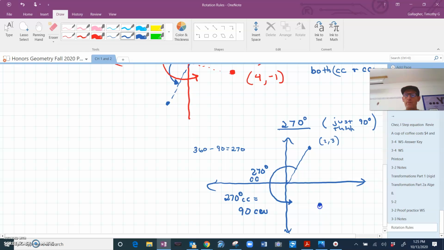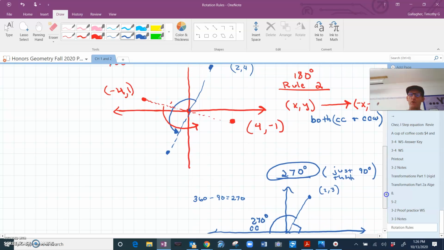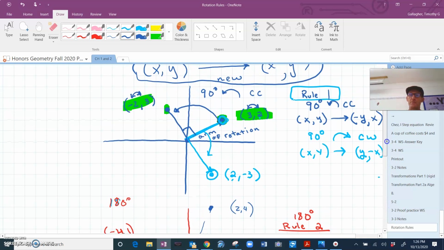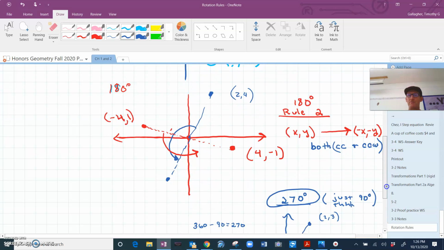So you can see that 270 degrees is just, think 90 degrees, only in the opposite direction. So 270 degrees counterclockwise is the same as 90 degrees clockwise, okay? So that's how you can remember the 270 degrees. You just remember your 90 degrees.